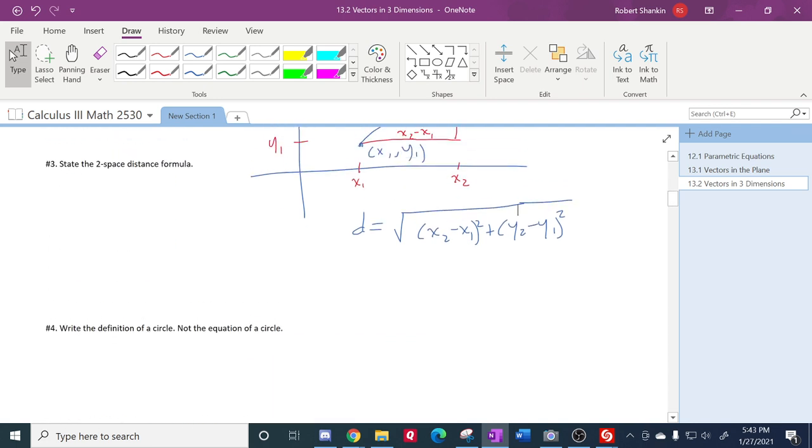All right, write the definition of a circle, not the equation of a circle, but the definition. Now, this one's kind of unusual. And how in the world would you define a circle in a mathematically precise way? So I'm going to have you go to your groups and take a stab at a definition.